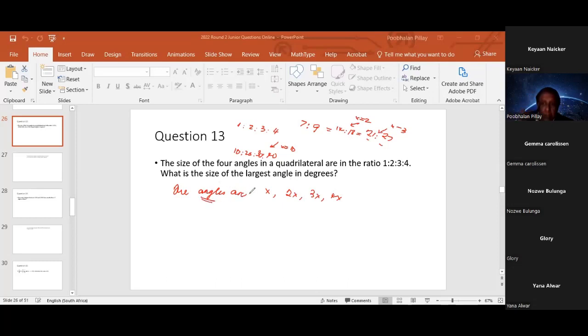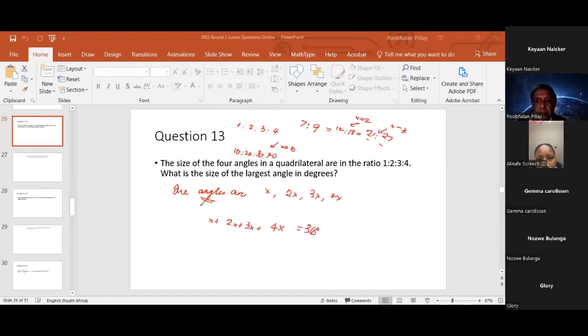But you also know that when you add the 4 angles in a quadrilateral, we've seen this earlier, you're going to get 360 degrees. So you already know these are the angles. So when you add them, you're going to get 360 degrees. Because the angles of a quadrilateral add up to 360.